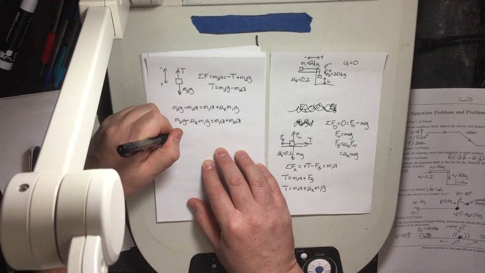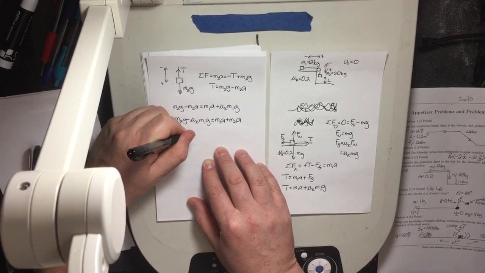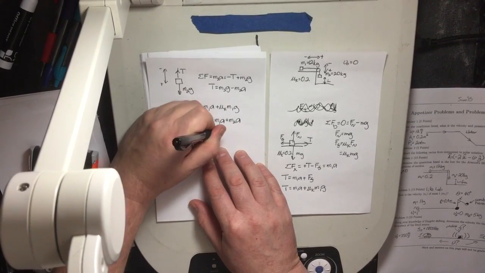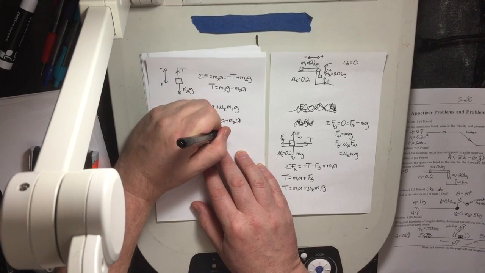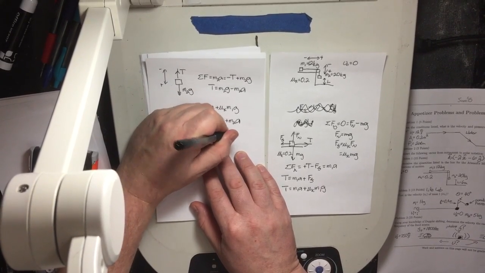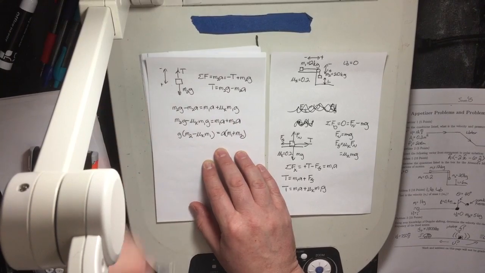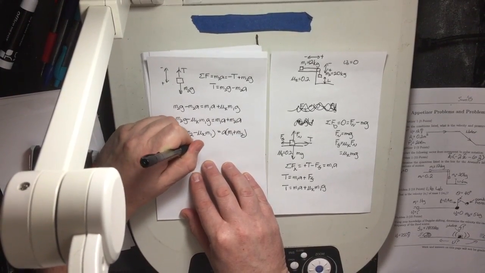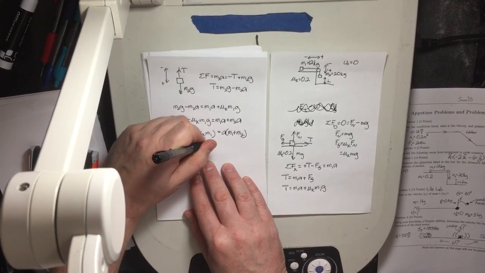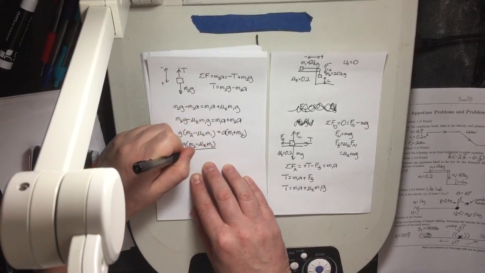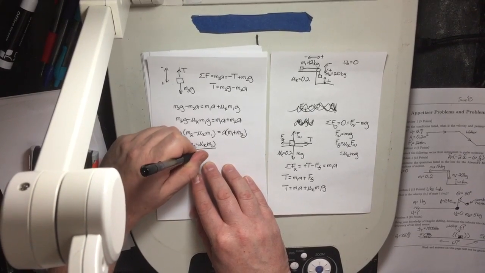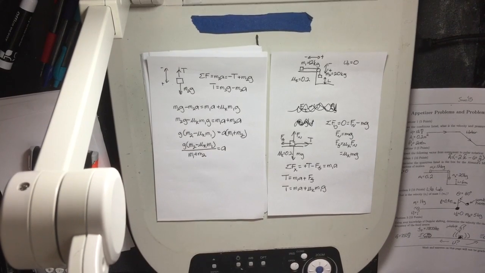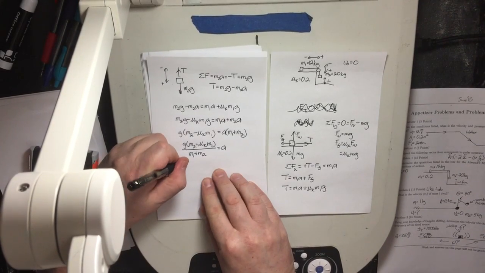Factor out G's and A's. G times (M2 minus mu sub k M1), and then A times (M1 plus M2). So G, M2 minus mu sub k M1, divided by M1 plus M2, is equal to A. Now probably is a good time to get a number.